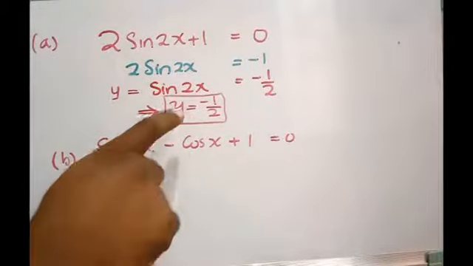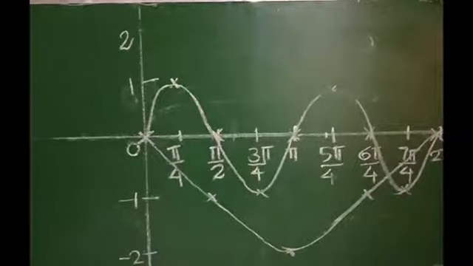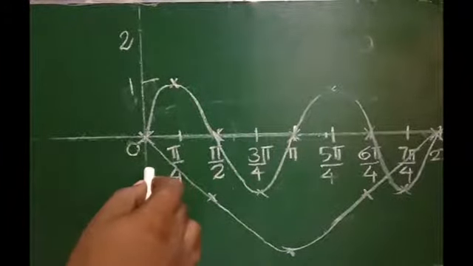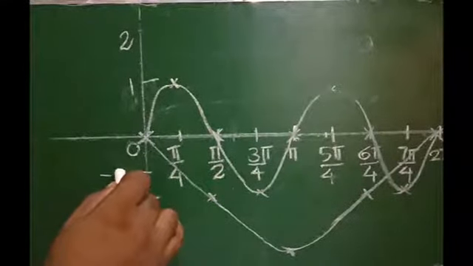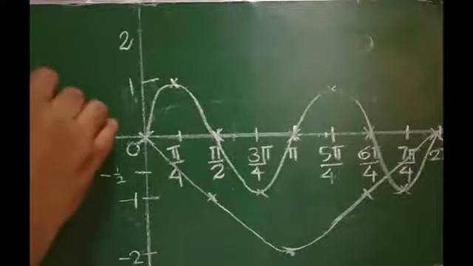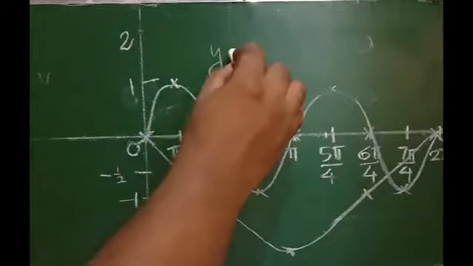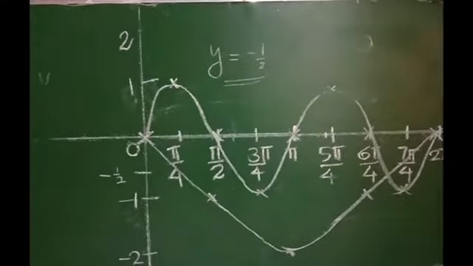Okay, so let's find out the point y is equal to minus 1 by 2 on the graph sheet. So find out the point y is equal to minus half. This is the point y is equal to minus half. Now, as it is an equation of a line, see, we got y is equal to minus half. It's the equation of a straight line.